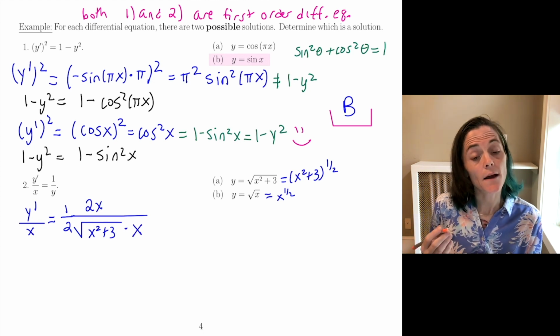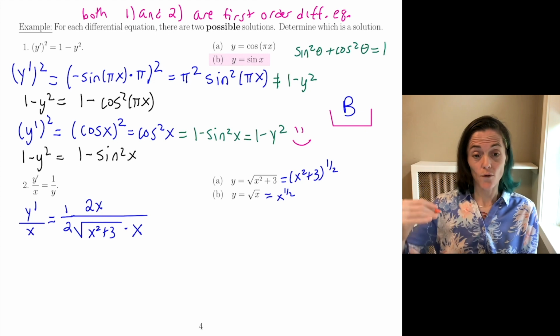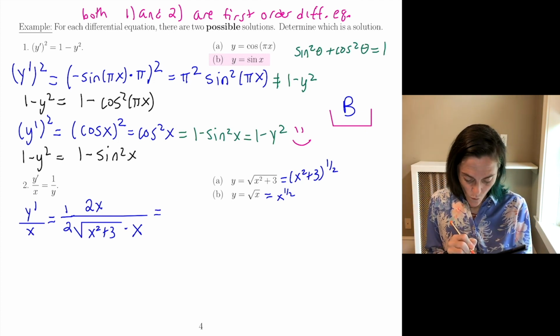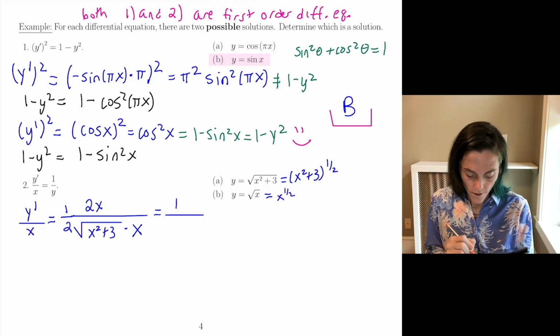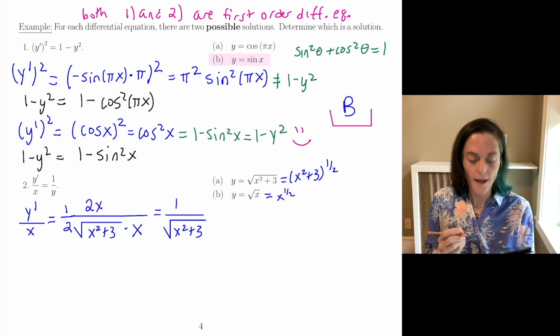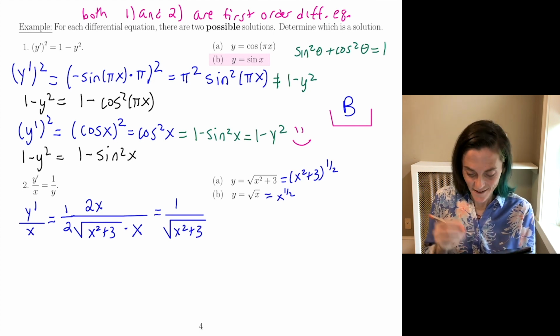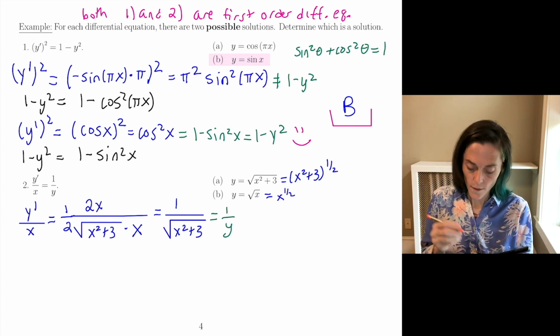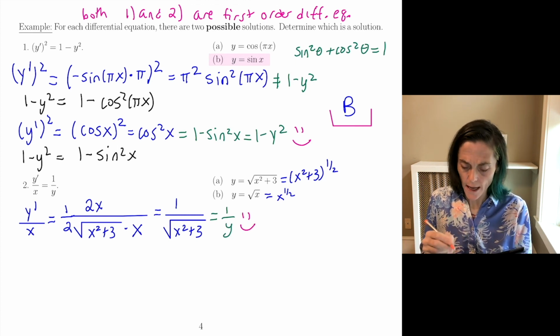What do I get here? I have an x over x. I have a 2 over 2. So altogether, I just have 1 over the square root of x squared plus 3. And you notice this equals 1 over y. So, well, we've already found our answer.